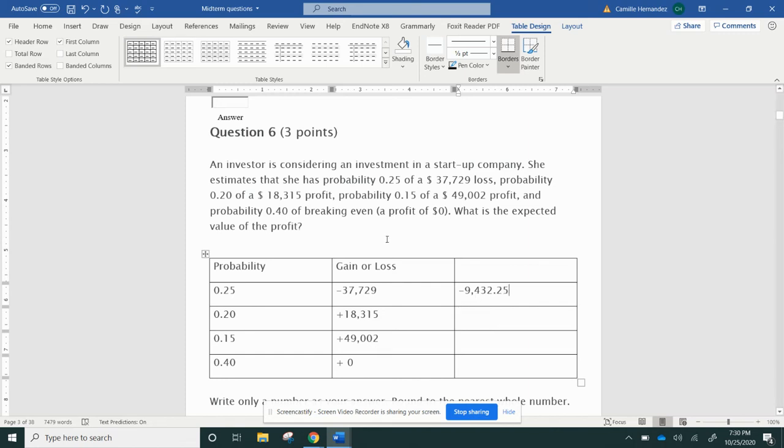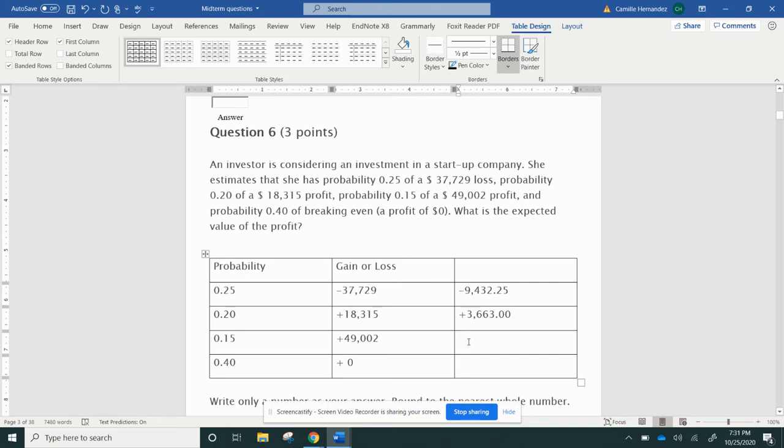So if I'm doing my investment based on everything that I had, the expected loss is negative 9,432.25. Then my next one is 0.20 times 18,315, so I get positive 3,663. Why am I keeping the negative and the positive? So I can keep it straight.